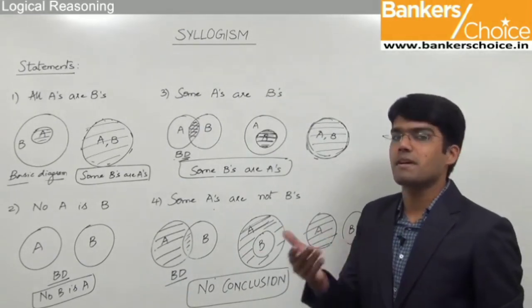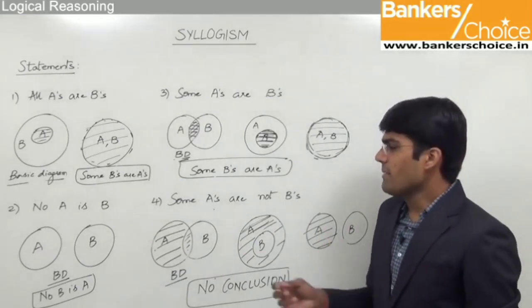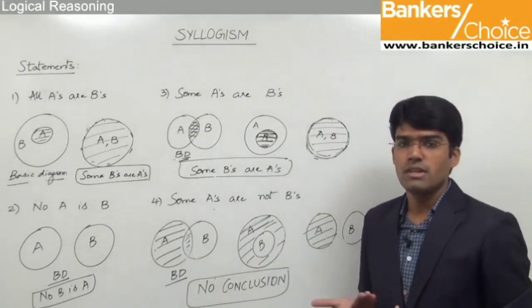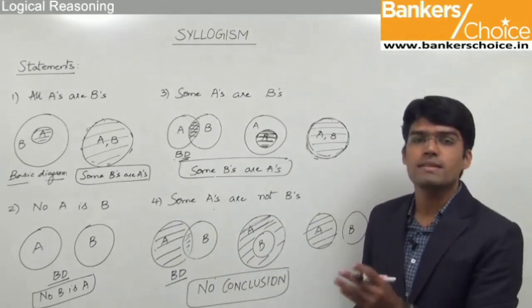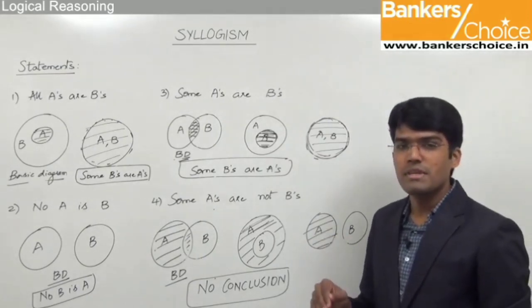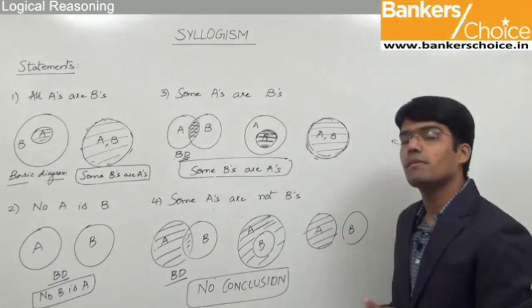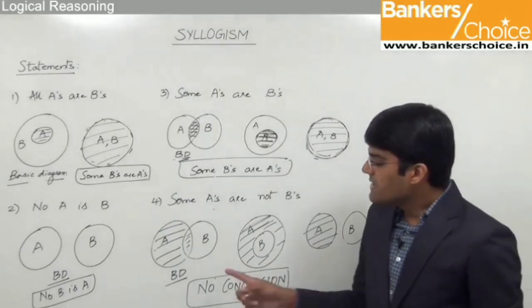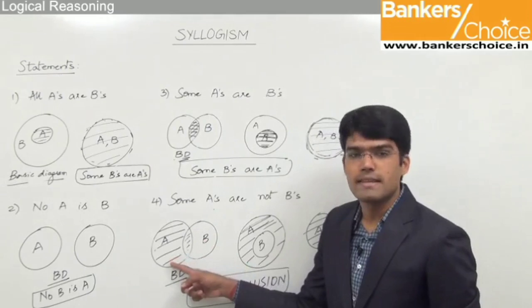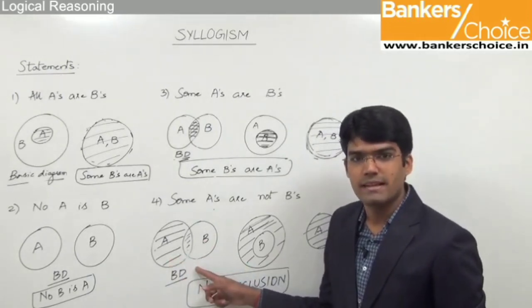Let us now try with some other conclusion. For example, the statement is some A's are not B's. Let us assume the direct conclusion is some B's are not A's. Let us now check which of these diagrams the conclusion some B's are not A's satisfies. Now, as you can see from the first diagram, very clearly some of the B's are not A's. So it satisfies the first diagram.